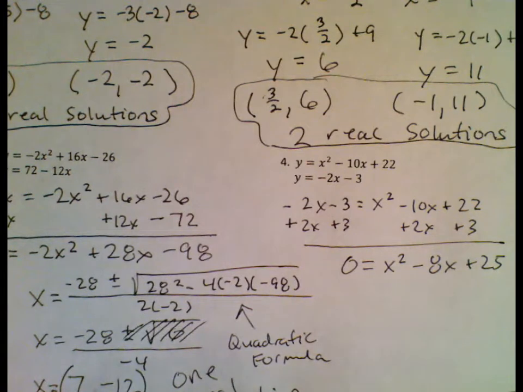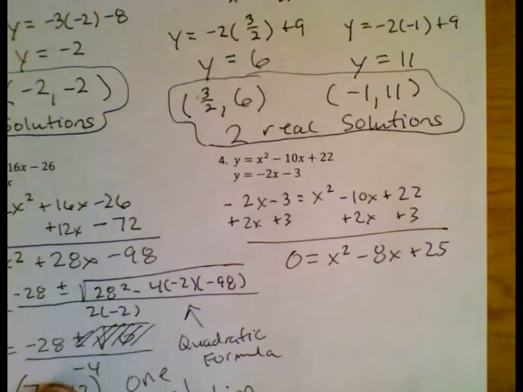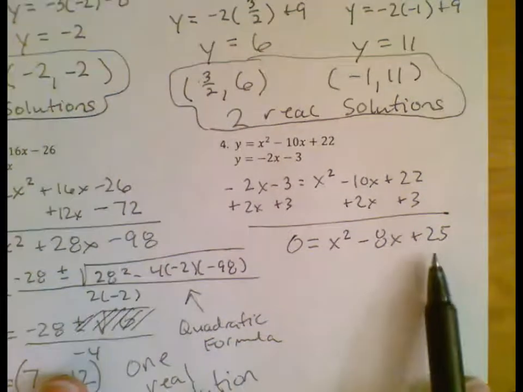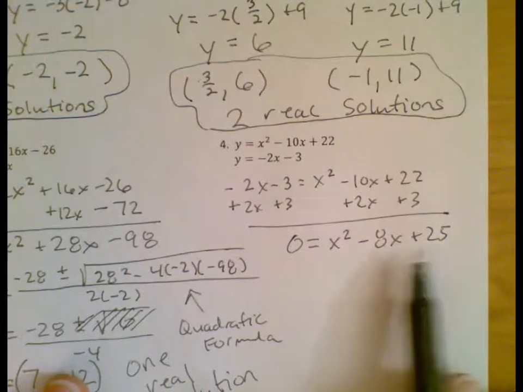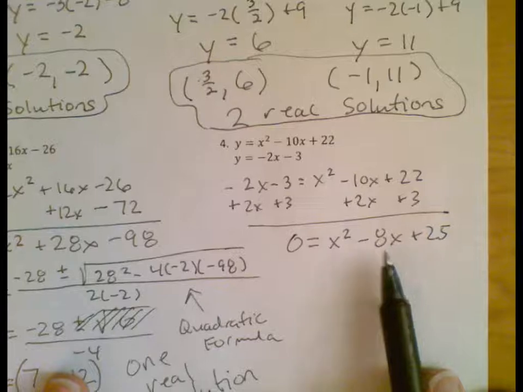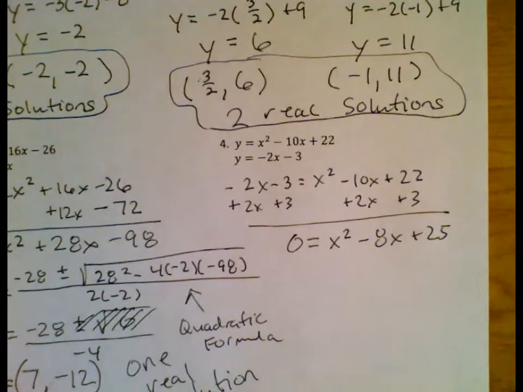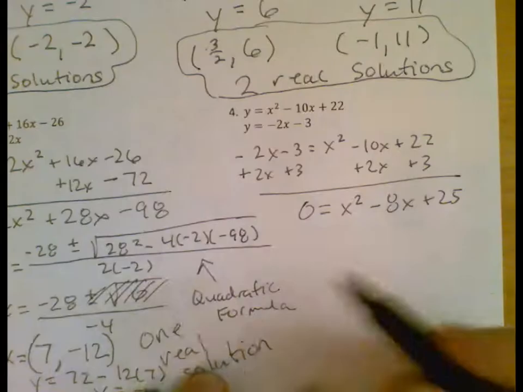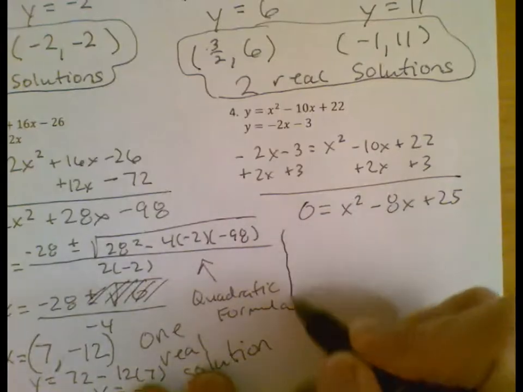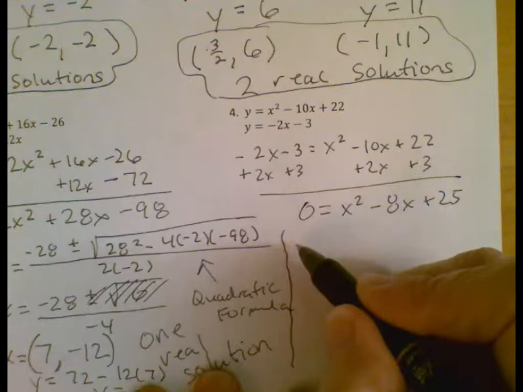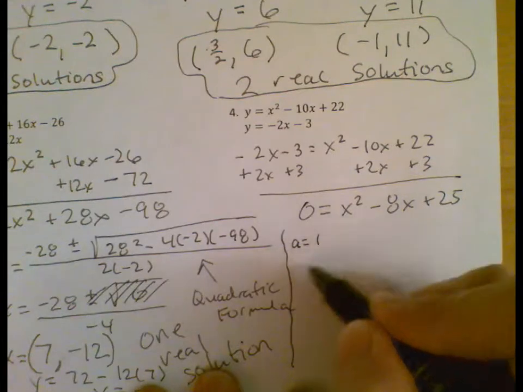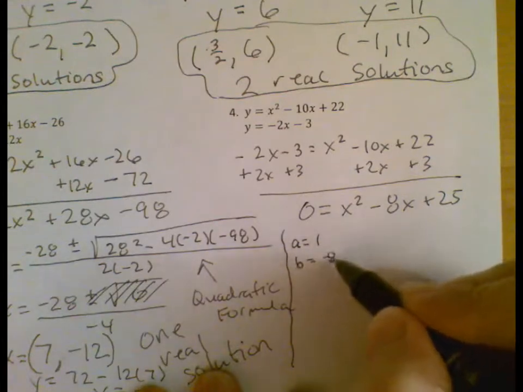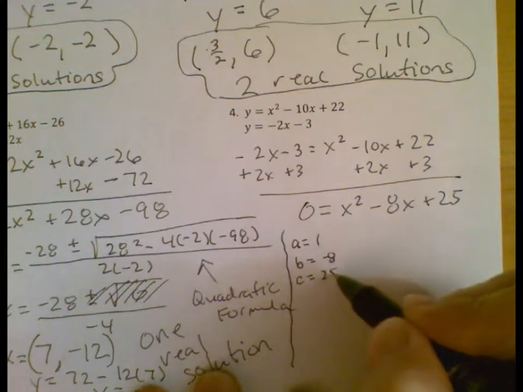Now, even if I were to consider factoring here, I can't think of 2 factors of 25 that multiply to 25 and add to negative 8. So I'm going to go ahead and plug it into the formula. So A is 1, B is -8, and C is 25.